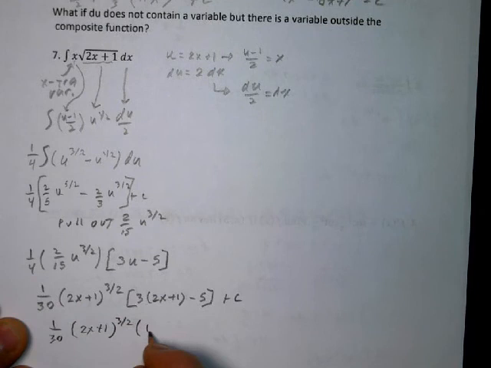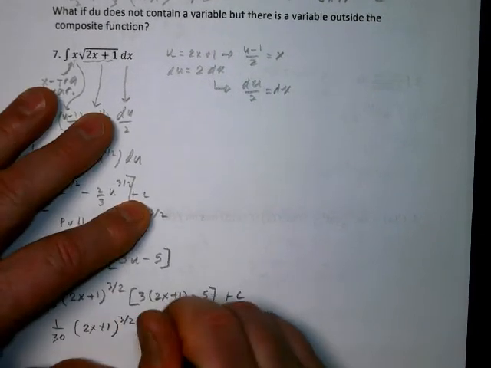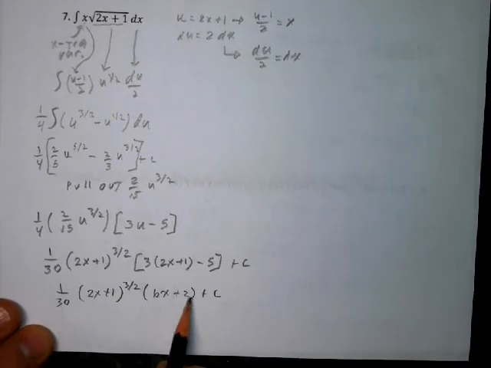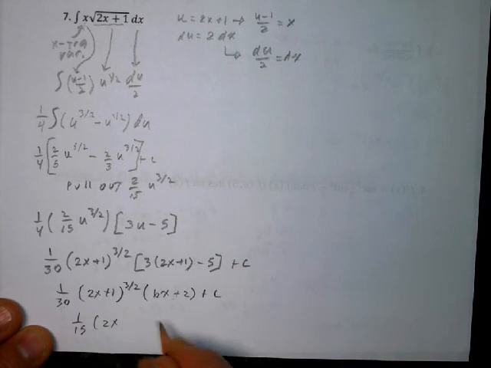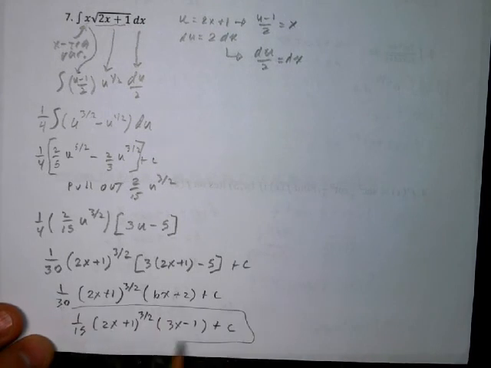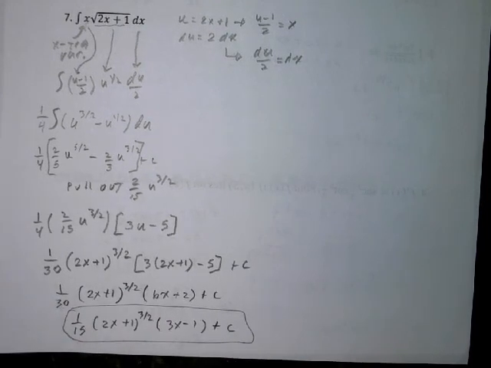One over 30 times 2x plus 1 to the 3 halves times 6x plus, that's actually going to be minus 2. Now, I can pull a 2 out of this. If I pull a 2 out of that, that reduces this to a 1/15 times 2x plus 1 to the 3 halves times 3x minus 1 plus c. So this is my final answer.